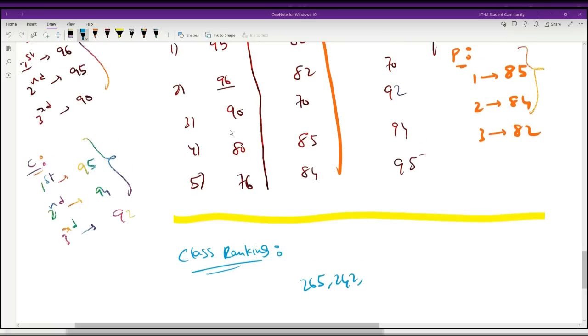The third person, 90 plus 70, 160, 252. Fourth person, 259. And the fifth person, 255.